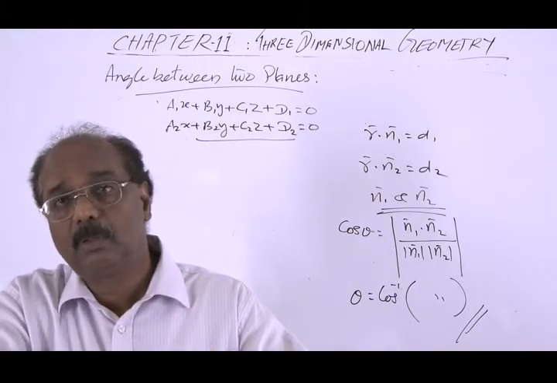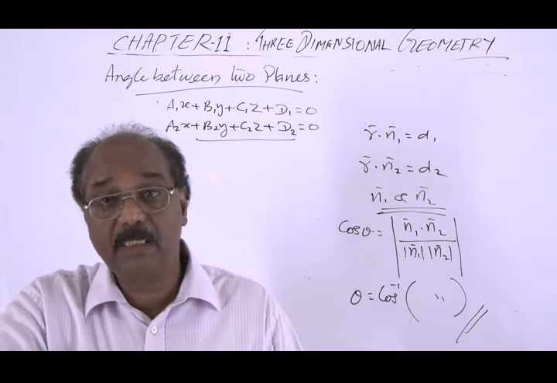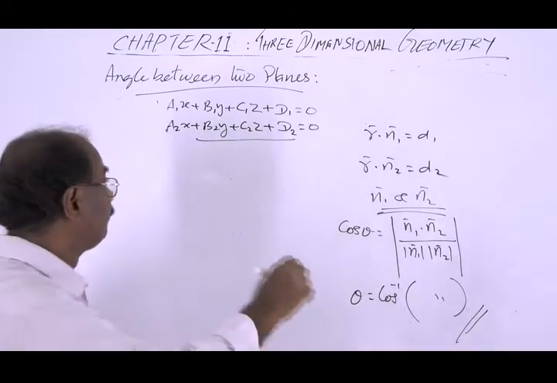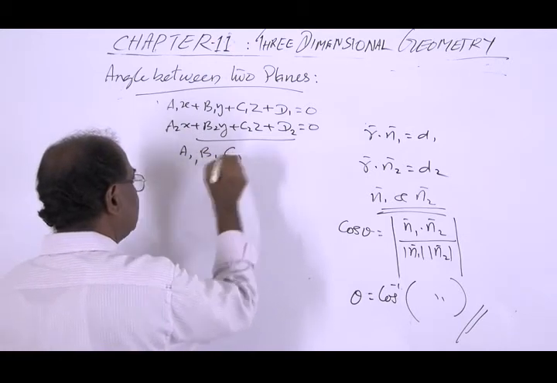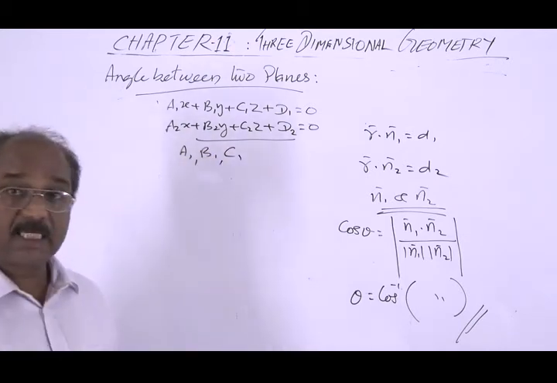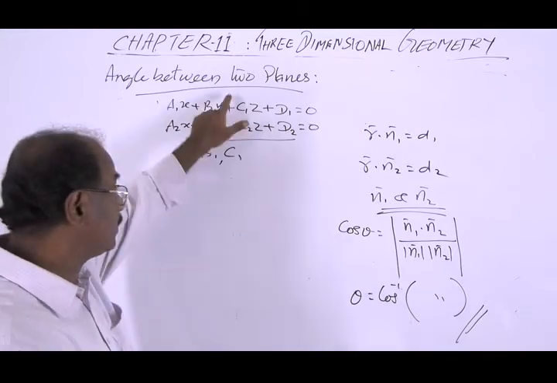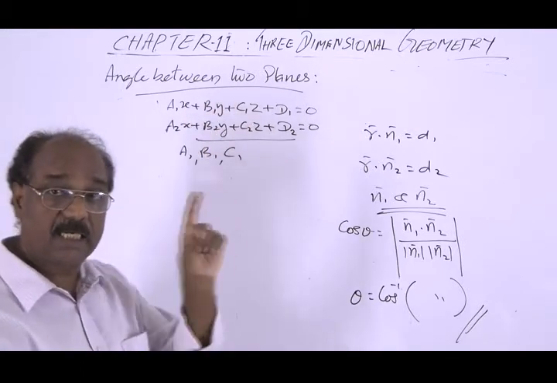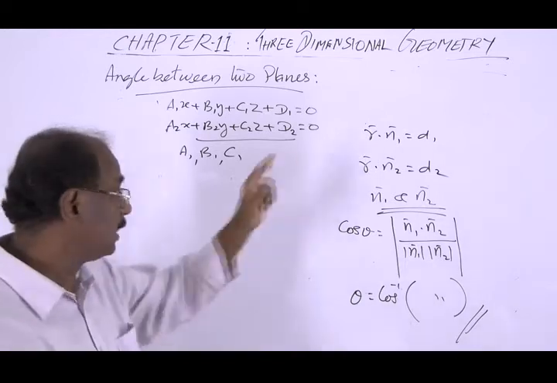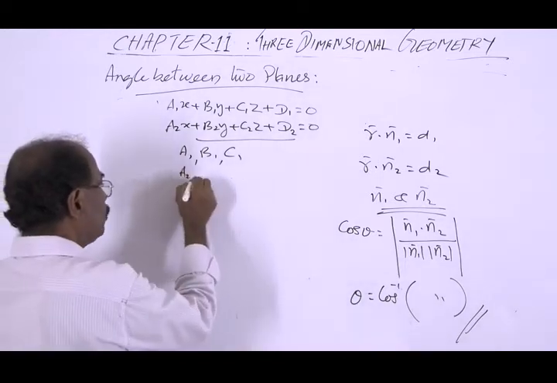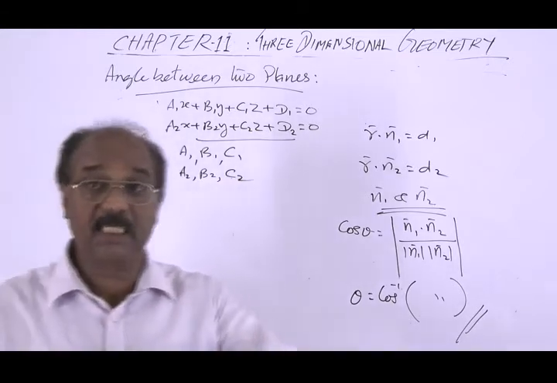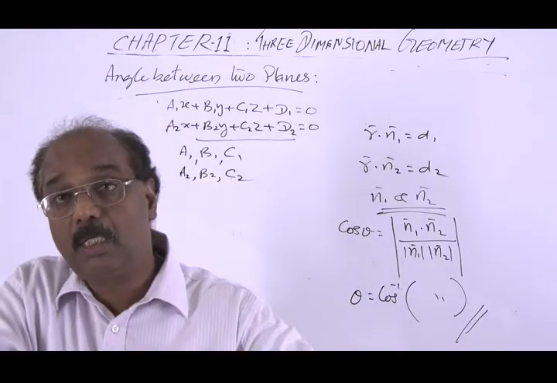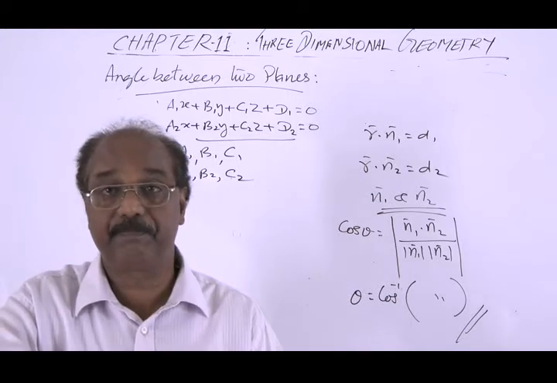If these two are the equations of the two planes, then a1, b1, c1 are the direction ratios of the normal to the first plane, and a2, b2, c2 are the direction ratios of the normal to the second plane.